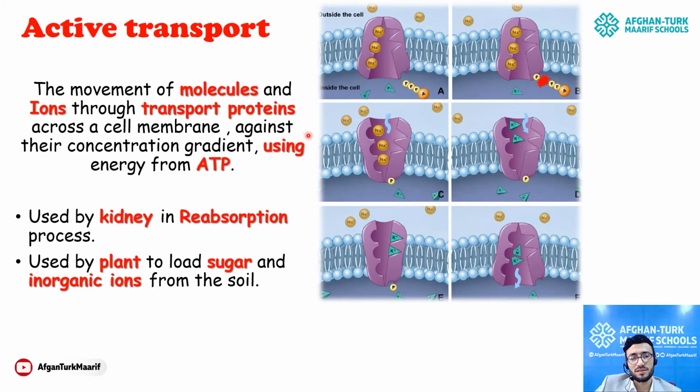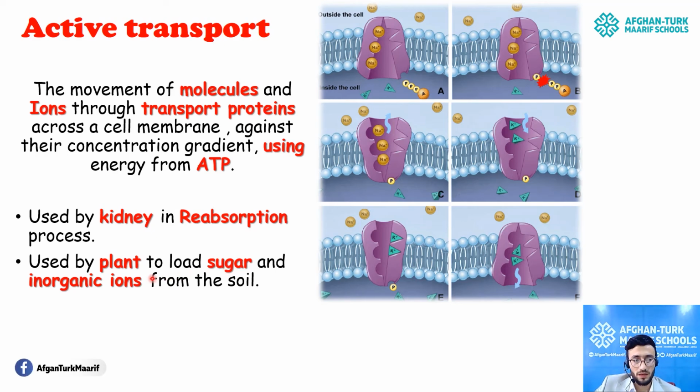In animals, we can say that active transport is used by nephrons that are located inside the kidney, because most of the ions and molecules are important to be absorbed. Also, this process is used by plants for loading the sugar from cells, which is produced by photosynthesis inside the chloroplasts.